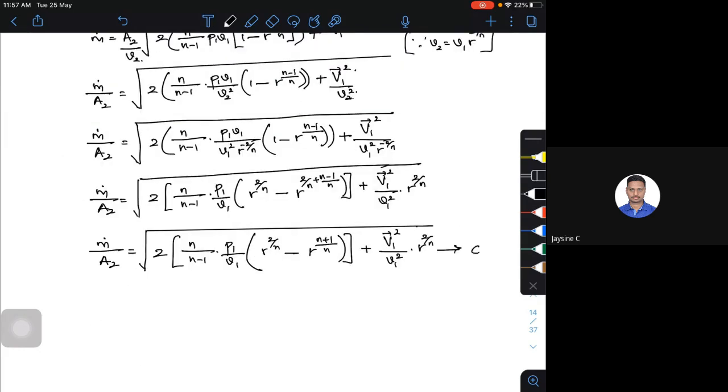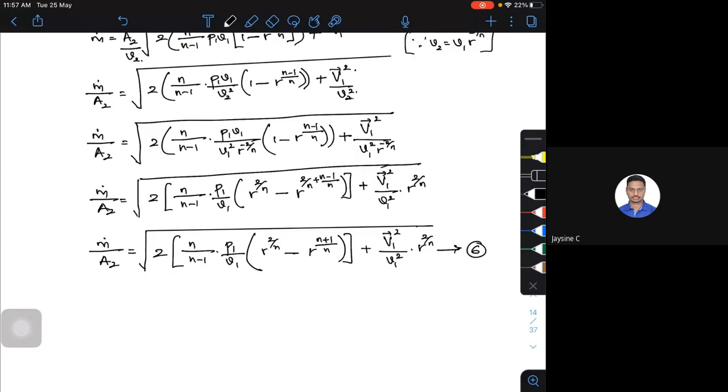So this is the expression for your mass flow rate, and I am trying to write it in terms of pressure ratio. Now look at it. How can I maximize your mass flow rate per unit area, or with respect to your exit area?